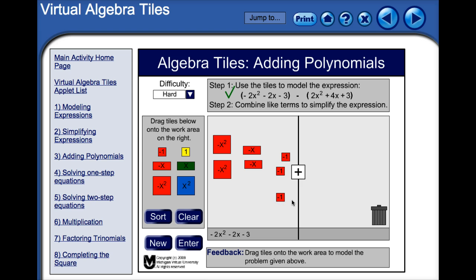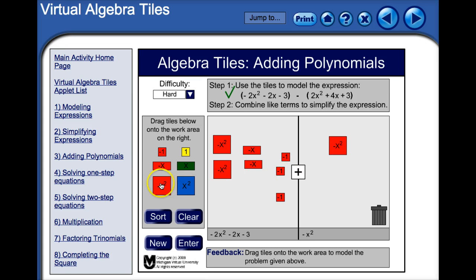So there's my minus 2x squared minus 2x minus 3. And I'm going to add that to some of the tiles over here. So if I want to change this minus sign to an addition, I can do that as long as I change the signs of all of these coefficients in this polynomial here. So rather than positive 2x squared, I'm going to have negative 2x squared and negative 4x and negative 3 because of this negative sign. So I can change that to a positive as long as I change the signs of all of these.